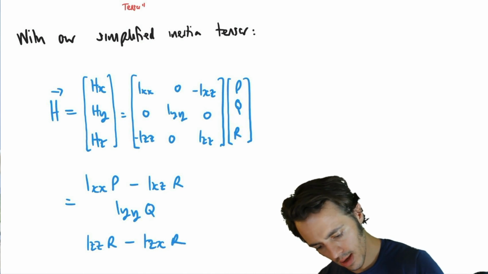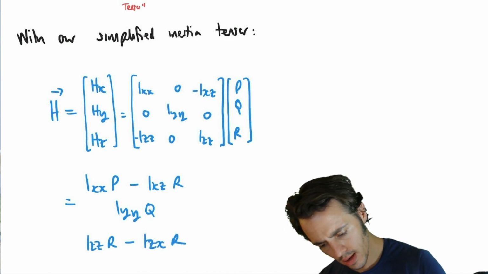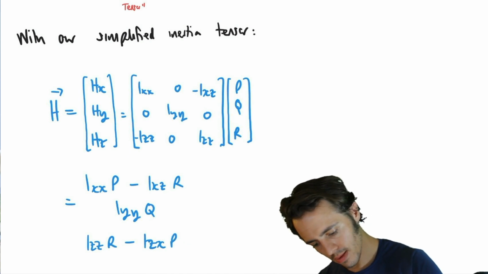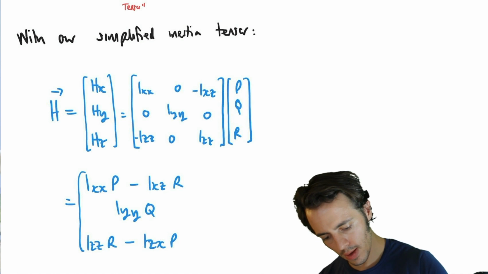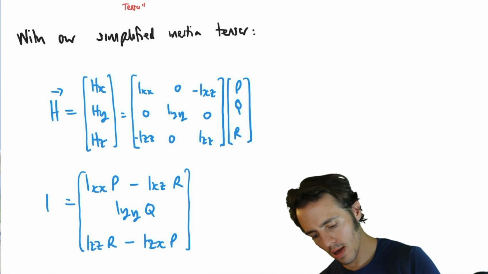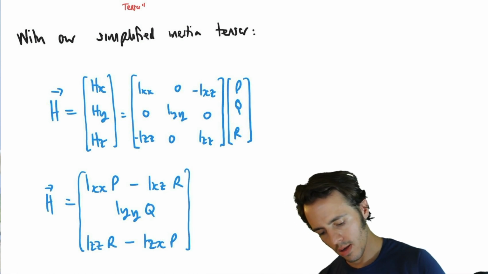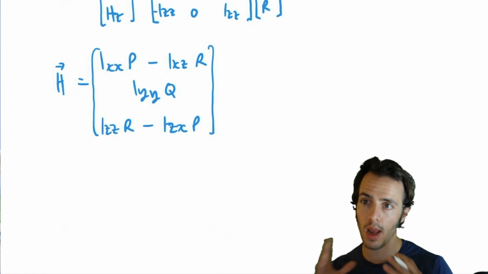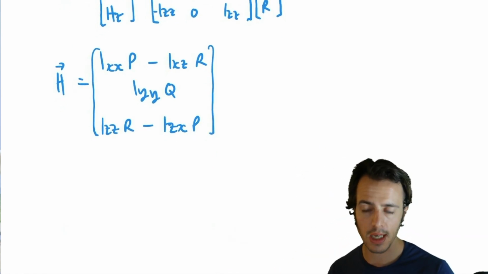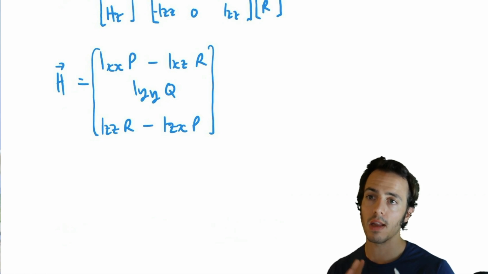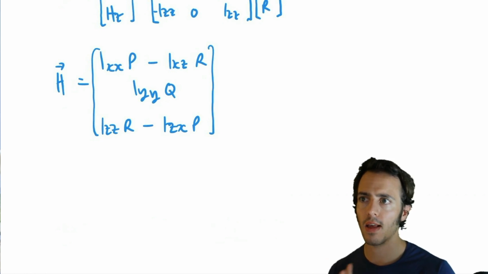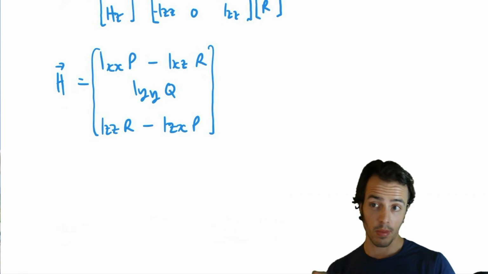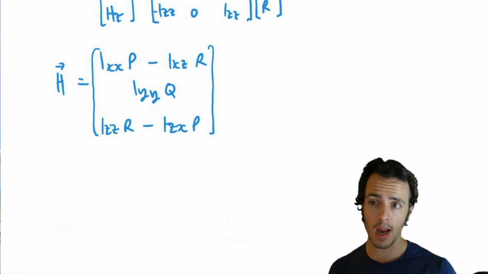Made a mistake there, didn't I? No, I didn't. Okay, so this is my angular momentum vector on an aircraft, subject to the assumptions that we've made, which is that it's symmetric in certain axes and that we assume it's rigid as well. So we assume we've got a rigid aircraft.